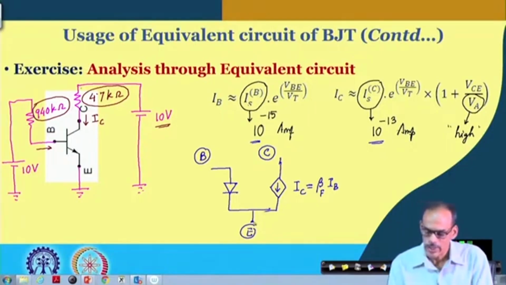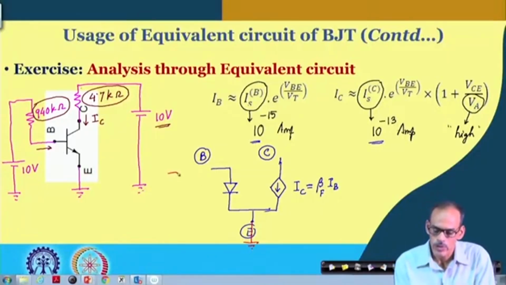Now, around that of course, we have a ground connection here, and then we have the base terminal resistance, and then we have the 10 volt, and this is 940 kilo ohm.